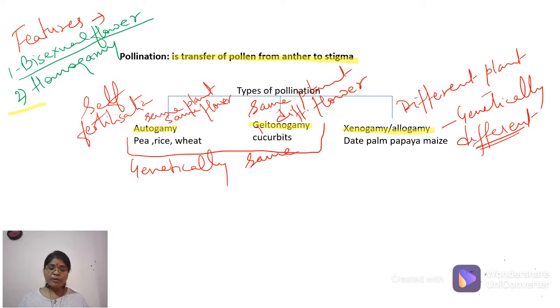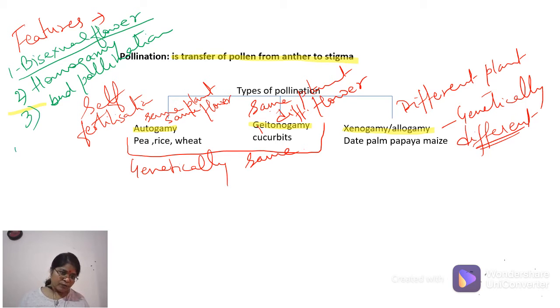So your female part, the egg, is formed at that time, and your pollen is also mature at that time. That is called homogamy. The third is bud pollination, where pollination takes place in the bud form only.